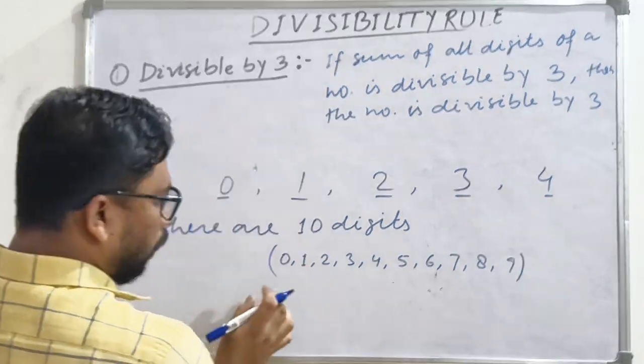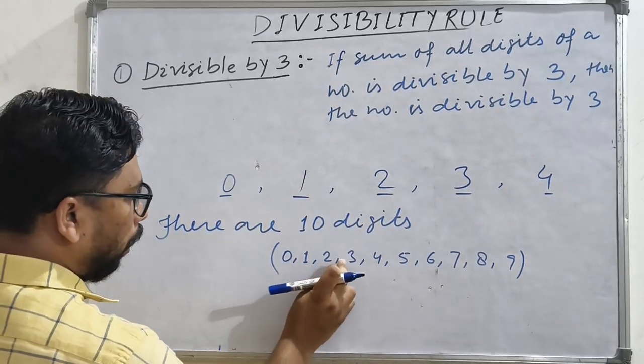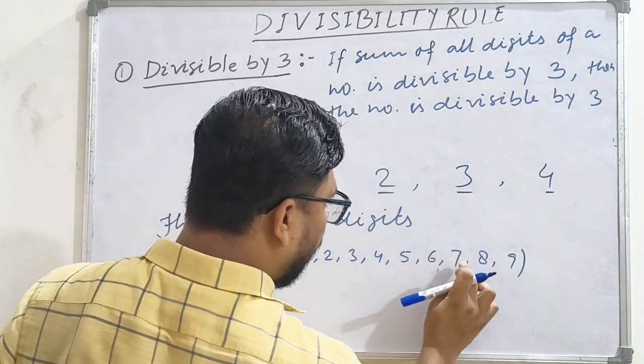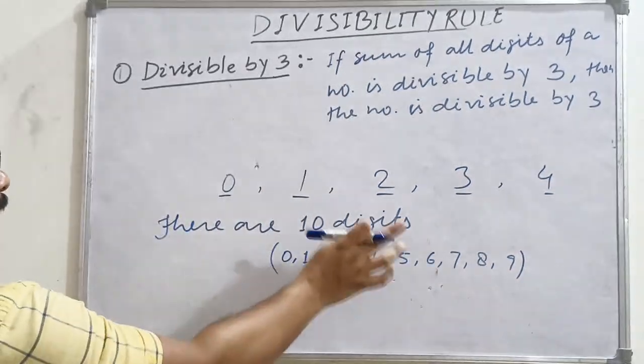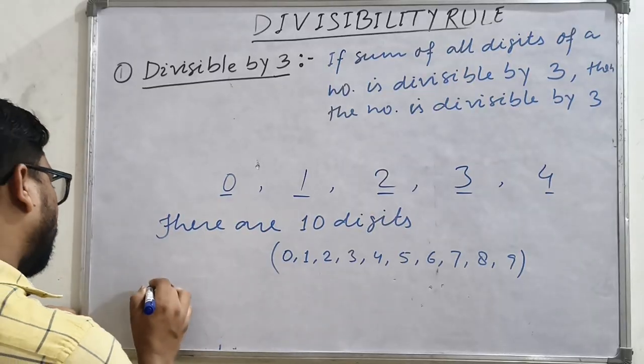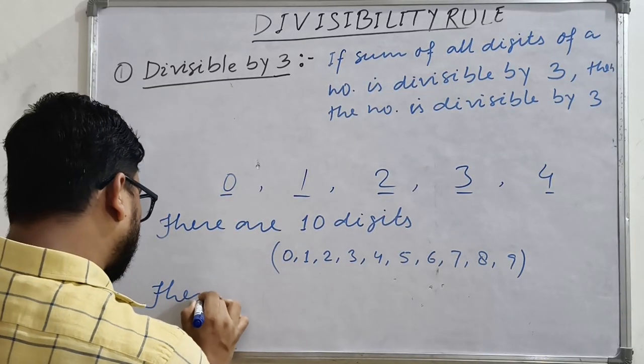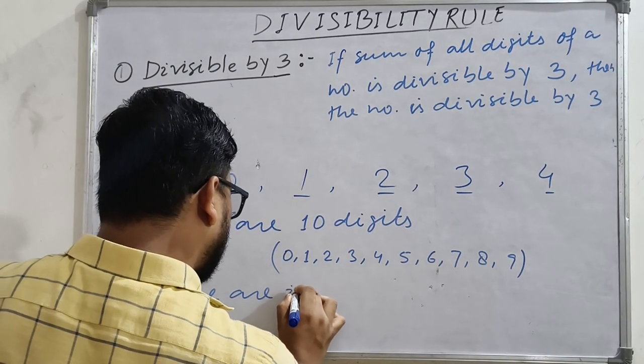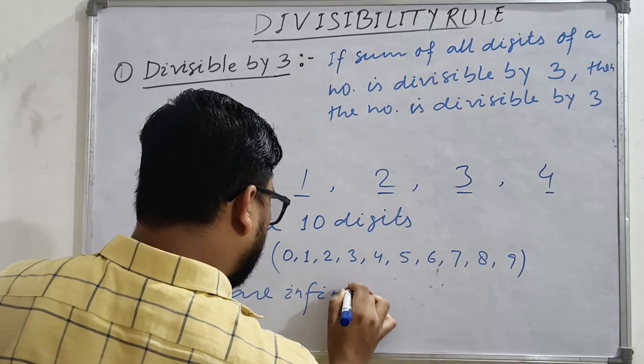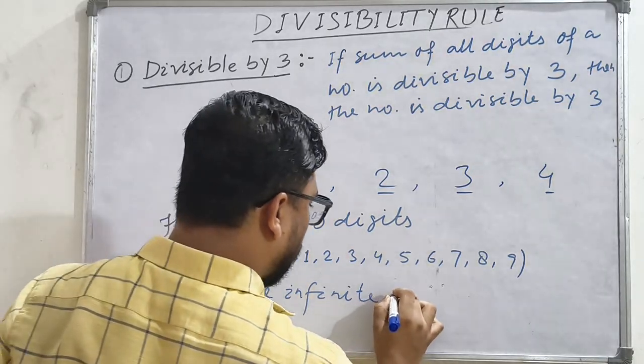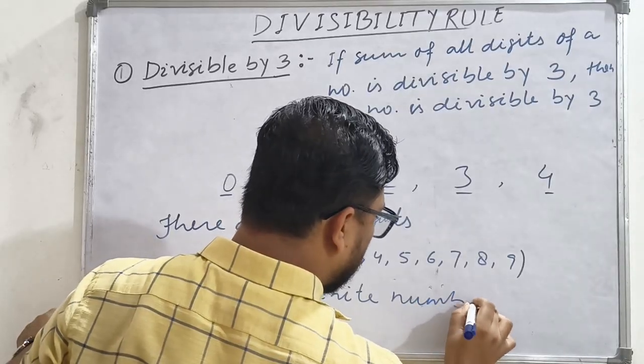You can count them: 1, 2, 3, 4, 5, 6, 7, 8, 9 and 10. So there are 10 digits in mathematics, but there are infinite numbers. You can't count infinite numbers.